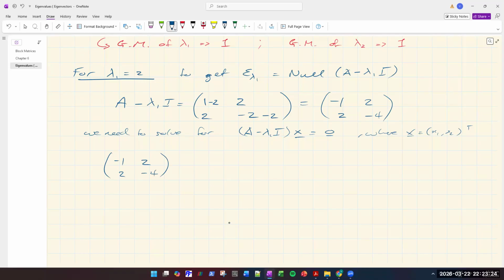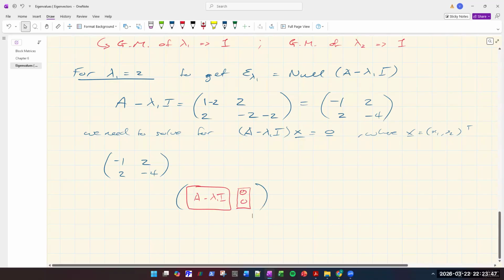So this is our matrix A minus lambda 1 I. Of course, what we should be doing is taking the matrix A minus lambda I and augmenting it with a column of zeros to form the augmented matrix.